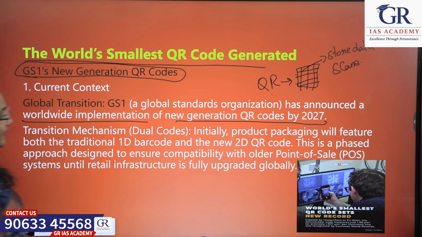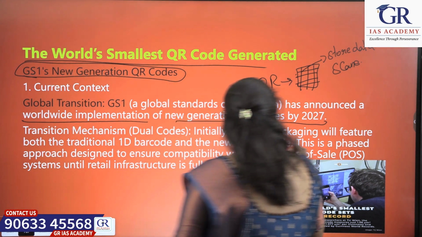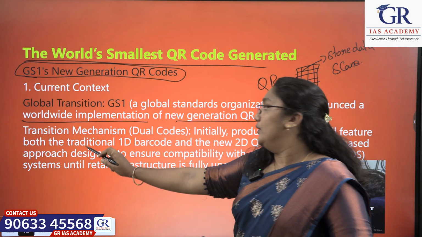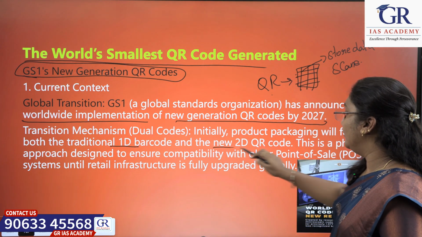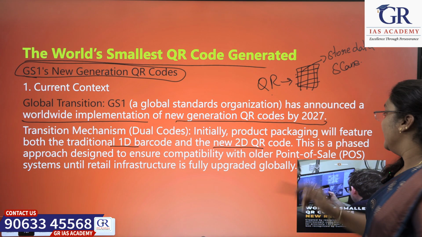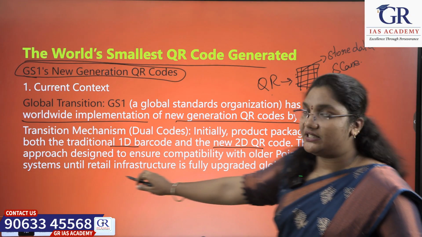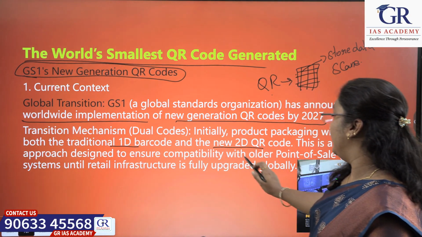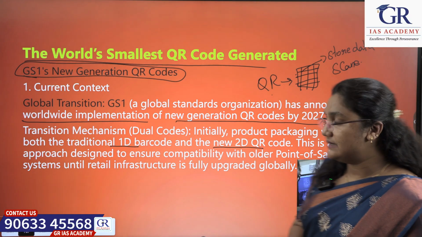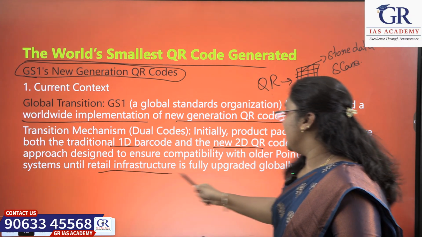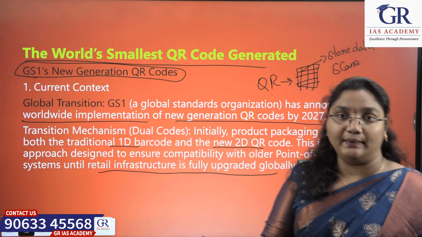Okay. Dual codes. Initially, product packaging will feature both the traditional one-dimensional barcode and the new two-dimensional QR code. Okay, this is a phased approach designed to ensure compatibility with older point of sale systems until retail infrastructure is fully upgraded globally.